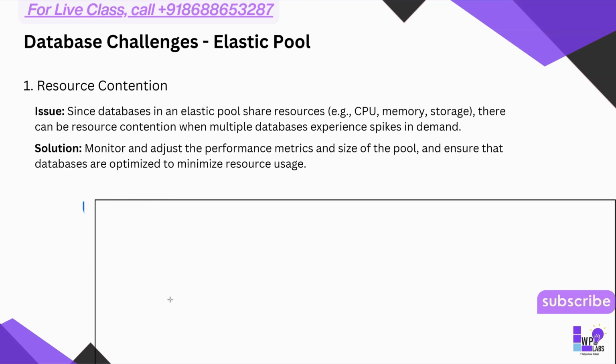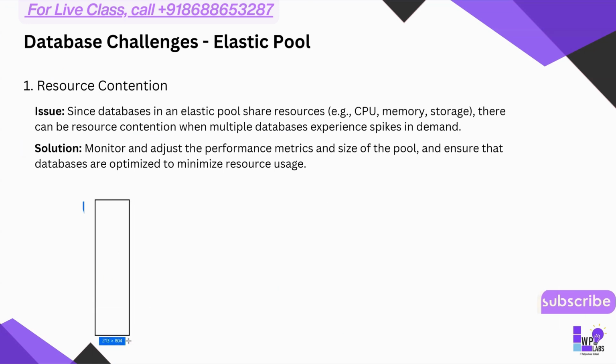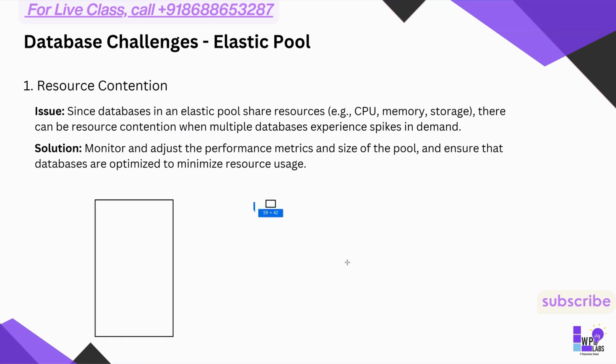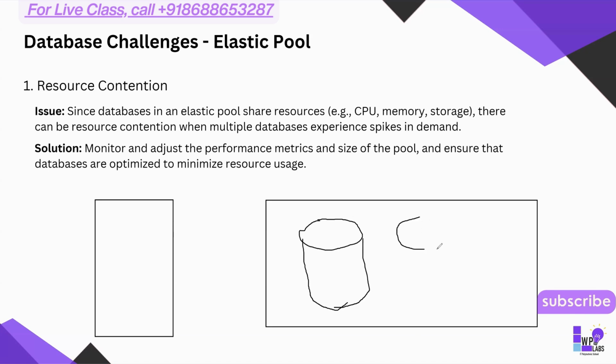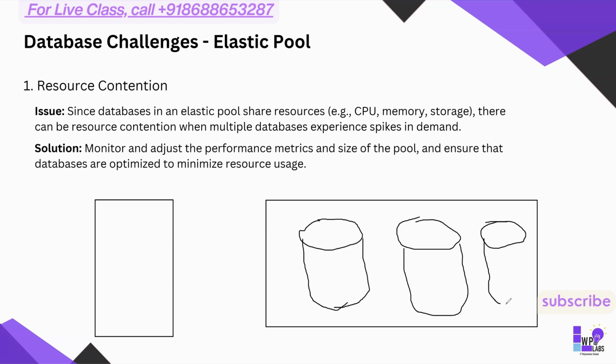Imagine this is my shared resource pool, and inside it I have the databases. This would be database 1, this would be my database 2, and this is my database 3.